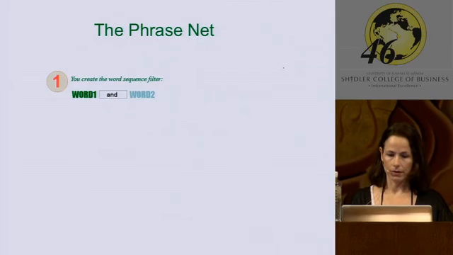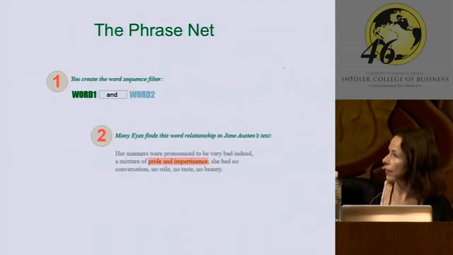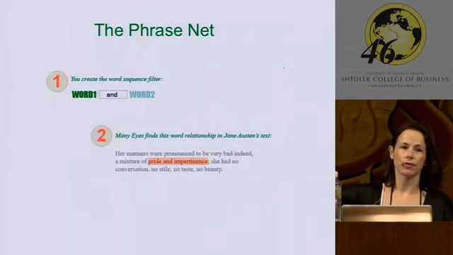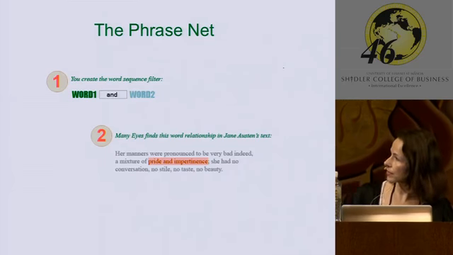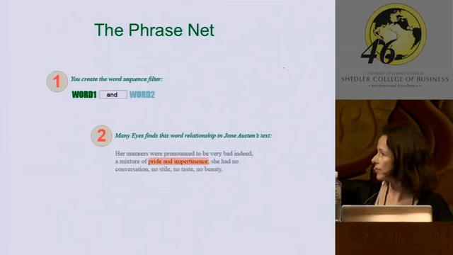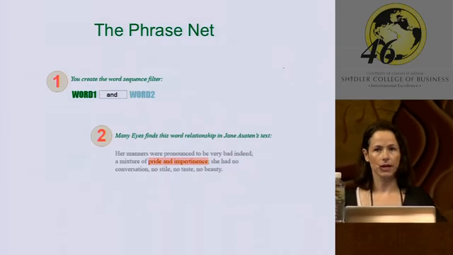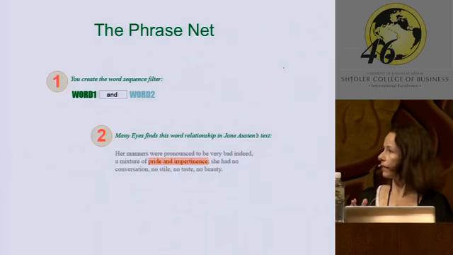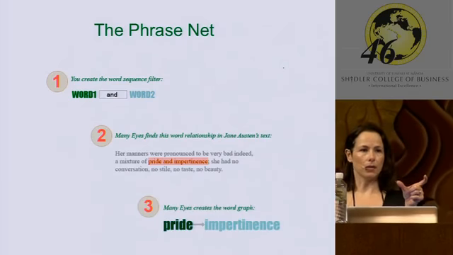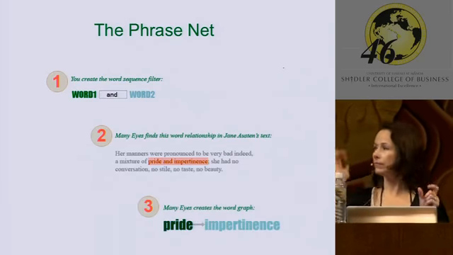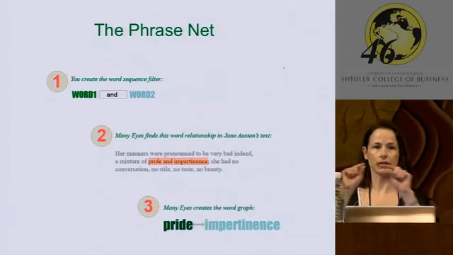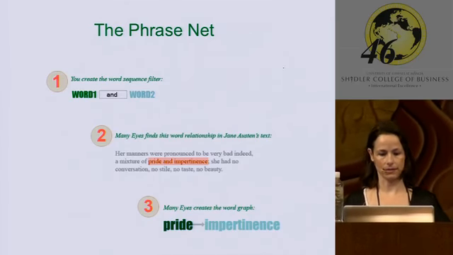So what the PhraseNet does is that when you enter any text, it looks for those patterns. So for instance, if we were to look at Jane Austen's Pride and Prejudice, one of the pairs we would see is pride and impertinence. Well, the PhraseNet takes that and creates a couple of nodes with an edge, right? Pride, impertinence, and the edge there is the word "and," okay?